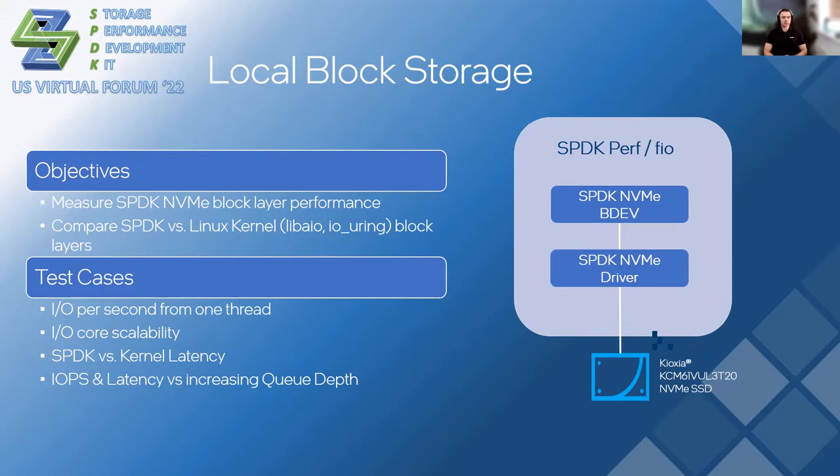And in the last, fourth test case, still using FIO, we limit the number of IO cores used in the test, and we check the performance scalability, but this time we scale and increase the QDepth from 1 to 512 and compare the performance results for SPDK and kernel alike.